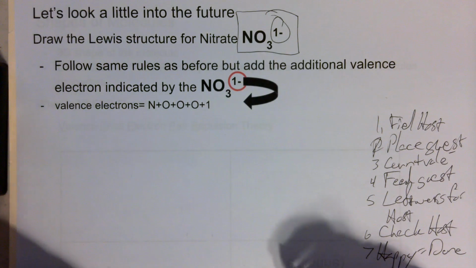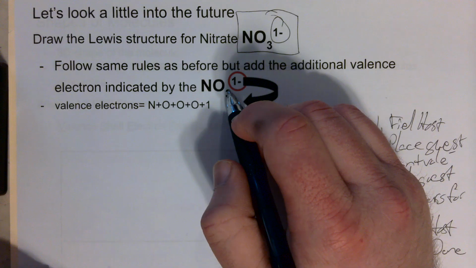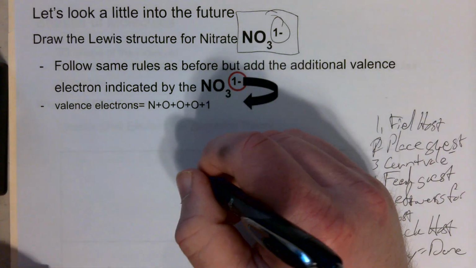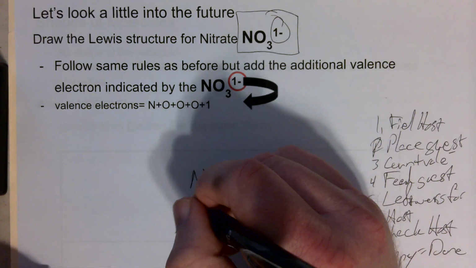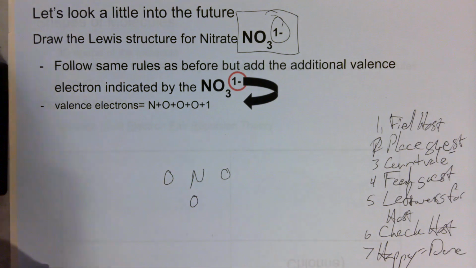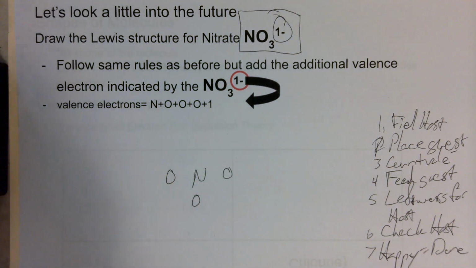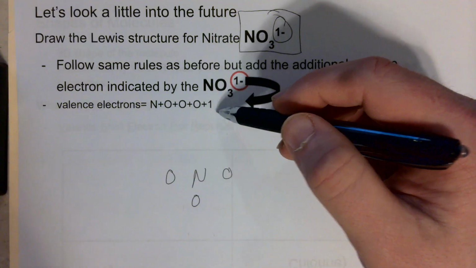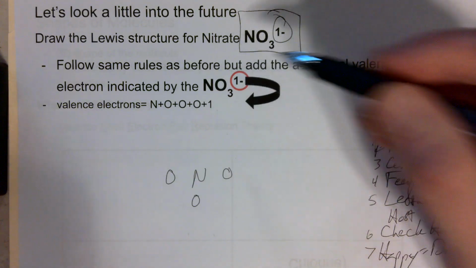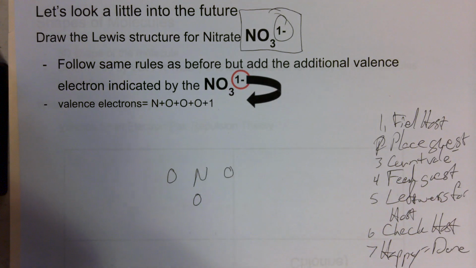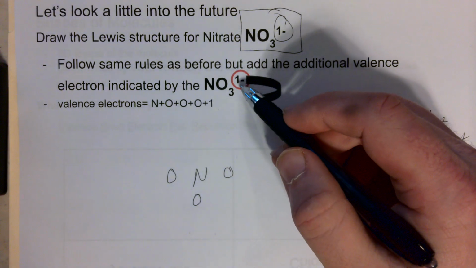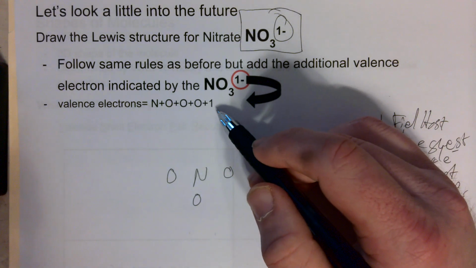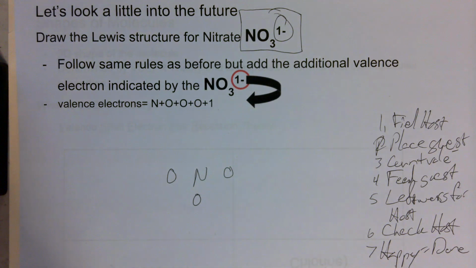So, as you see here, NO3. So obviously N is my host. Place my oxygens around my host. Now, when I'm counting my valence electrons, I'm going to add that extra electron. Whatever the number is, whether it's a +1, a -1, -2, -3, -4, whatever that minus number is, we're going to add it to our valence electrons.